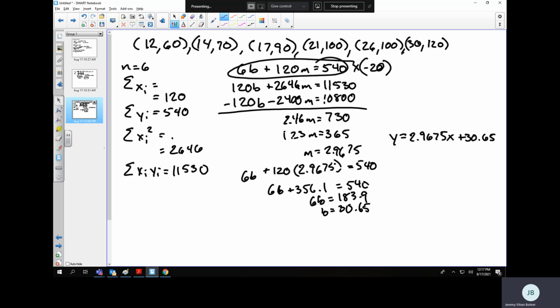And now we're going to take that equation and graph it with our points.